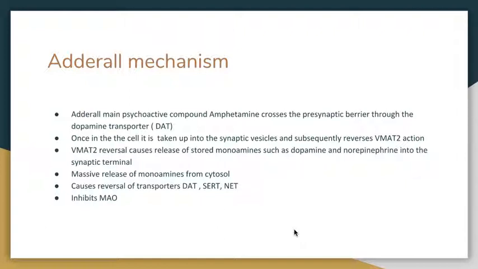Once Adderall is broken down to its main component, which is amphetamine, this crosses the presynaptic barrier through the dopamine transporter. So basically, it works against the concentration gradient and goes in through the transporter, as opposed to another way around. Once amphetamine is inside the cell, it has a very high affinity to VMAT2, the vesicular monoamine transporter 2.